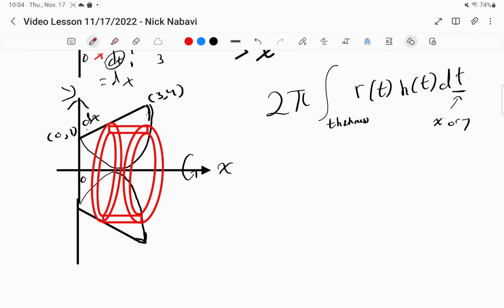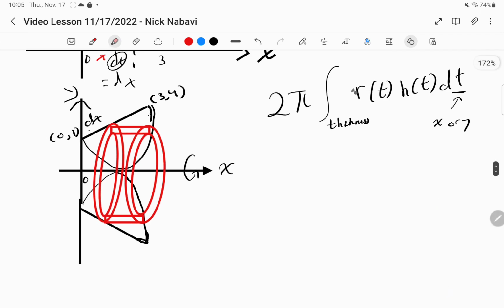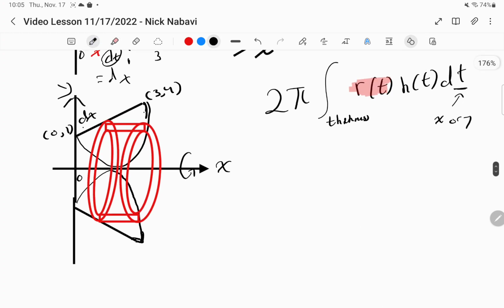So what does that mean? That means that in this equation, which is the equation for finding the volume using the shell method, our r of t, in this case, is going to be a function of y. It's going to be y, right? So it's going to be 2 pi integral y, okay?